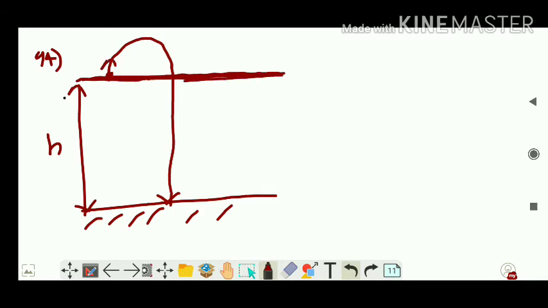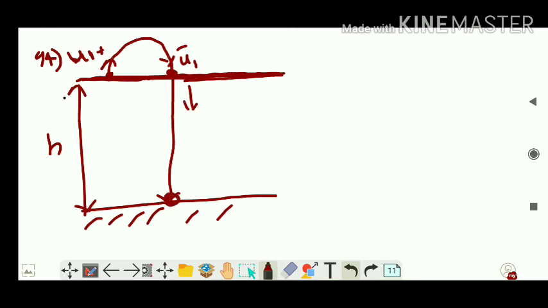I threw this first ball with the velocity u1. This u1 is in the upward direction, but when it is reaching this point, here also it will have a velocity u1 but in the downward direction. So this is positive, this will be negative, that's the difference. But at this point both the velocities will have the same value, right? And now this u1 is in this direction, clear?